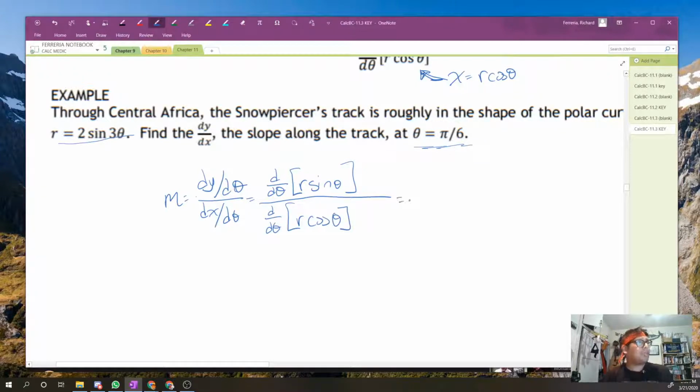Well, let's substitute the equation of r, and again, you are substituting an equation for r, not a value.